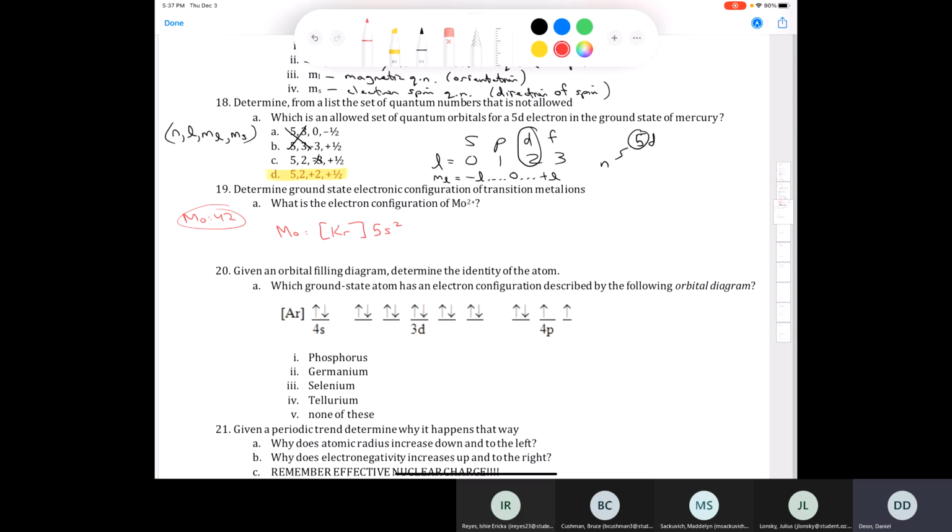So we have molybdenum. Molybdenum has an electron configuration of 5s2, 4d5. So 1, 2, 3, 4, 5. And if we have molybdenum 2+, we're going to remove 2 electrons, and then we have, sorry you guys, Mr. Dion can't see his periodic table.